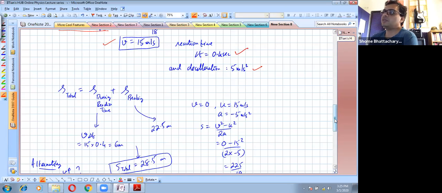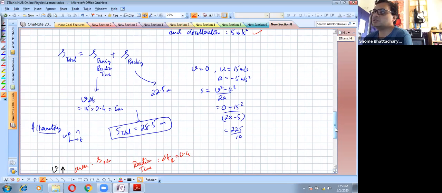Okay, so one is the formula based method, which I've just shown you here, and next I will take you to the graph method, which is in my opinion the easier method of solving this problem. But that's a matter of opinion, because it probably takes the same amount of time to solve by both the methods.